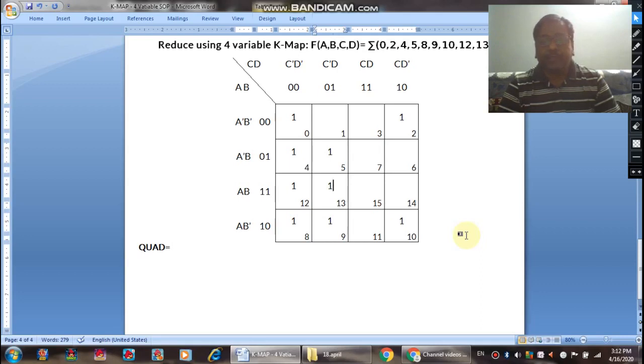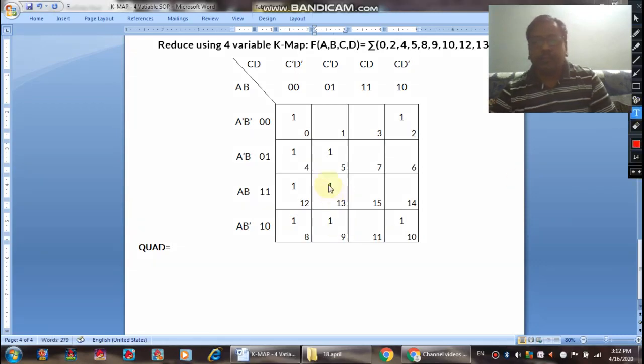Now we have to create the groups. It's very evident that the first group which is evident is this group.